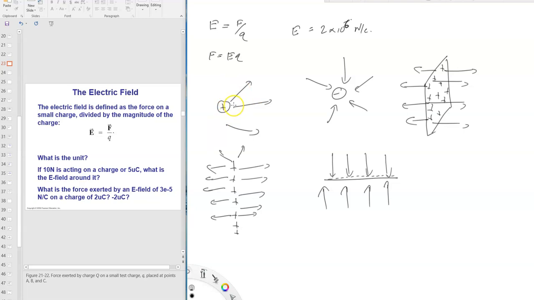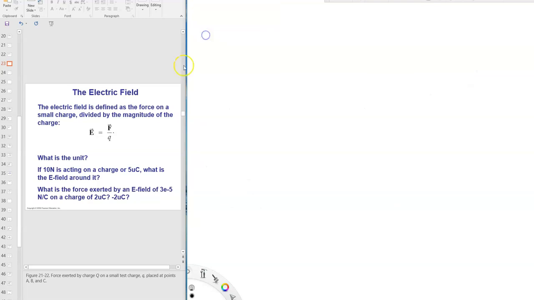Let's start with the simplest case. Let's start with a point charge. Okay, so let me erase this. Electric field created by a point charge. Let's take a positive charge, and let's call this charge Q. Or we can go with just little q, that's fine.